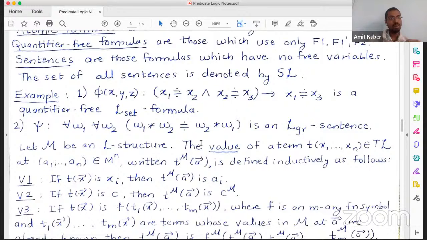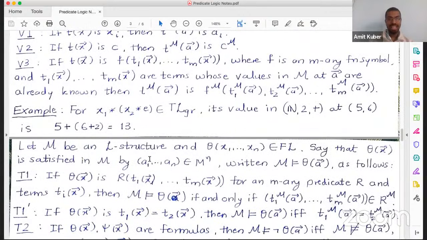If your syntactic object is a formula with n free variables, then the interpretation is this double turnstile symbol, like you say, satisfiability of a formula in a structure at a tuple. If your syntactic object is a sentence, then its interpretation is its truth value, whether it is true or false in a particular structure.